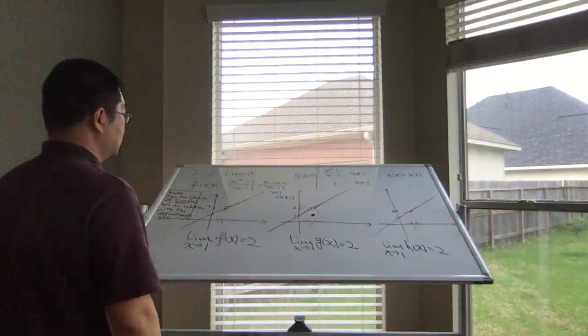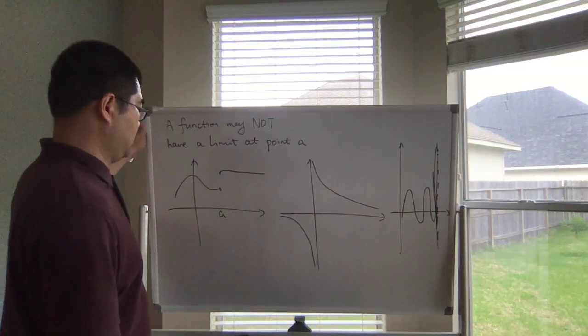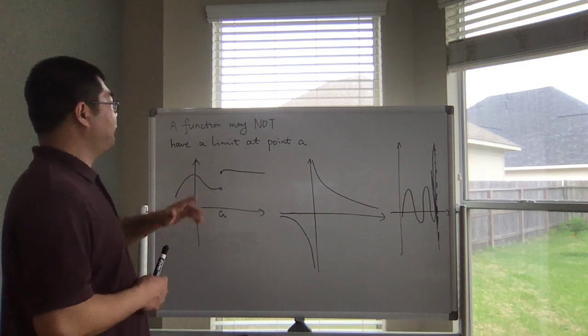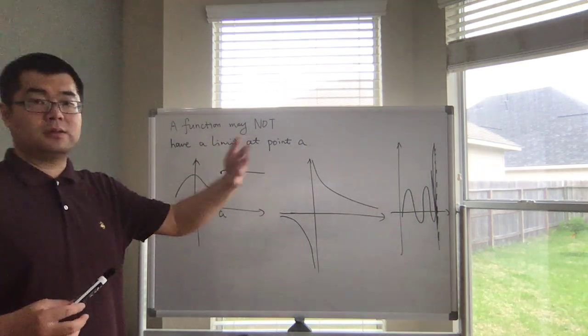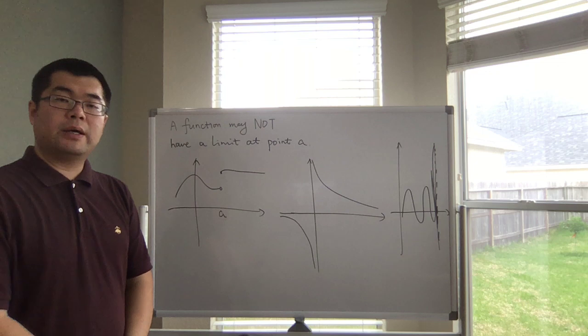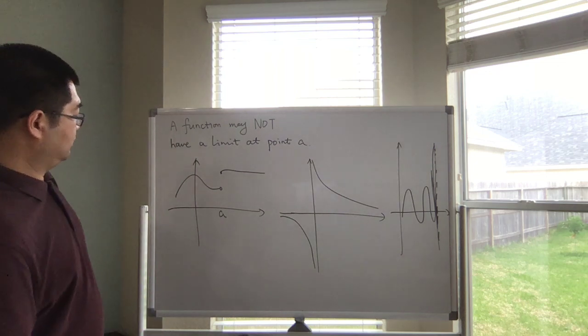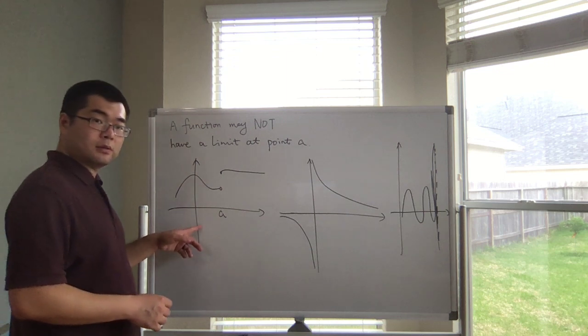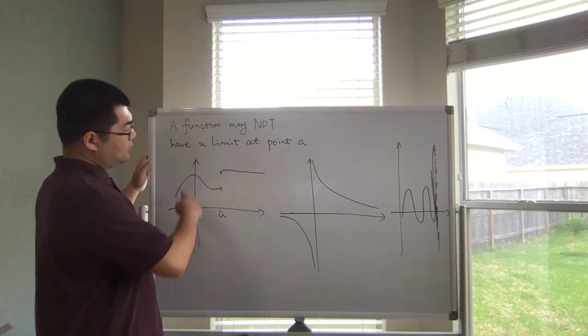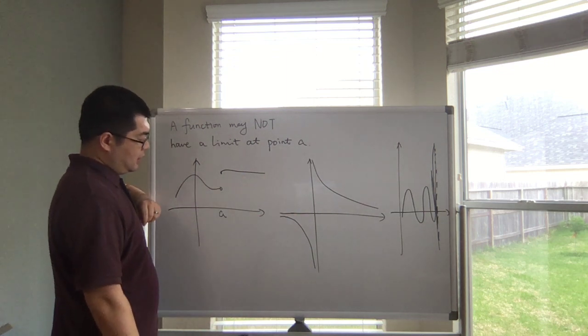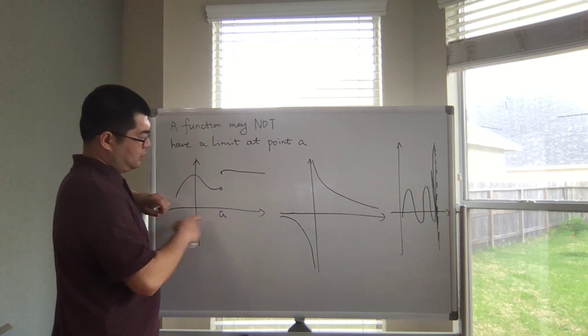Now let's look at, okay, a function may not have a limit at a given point. For example, let's look at this case. So this is a function, and this is the point a here.